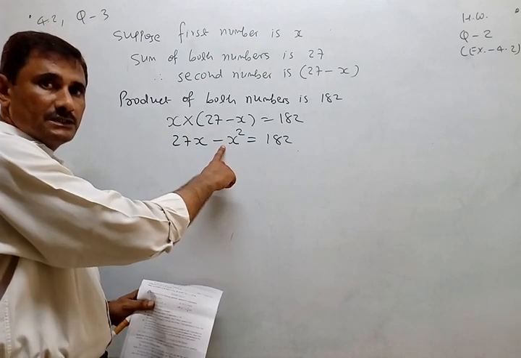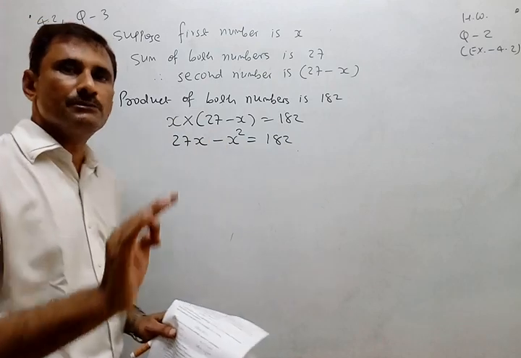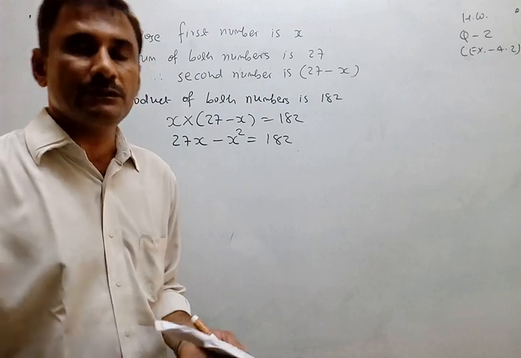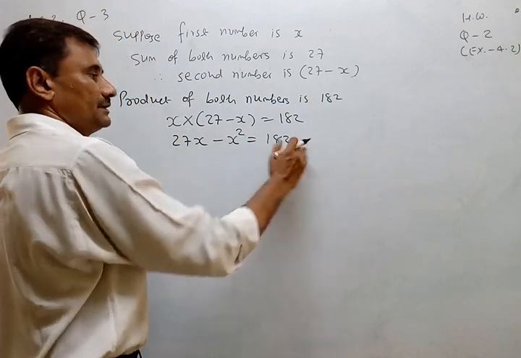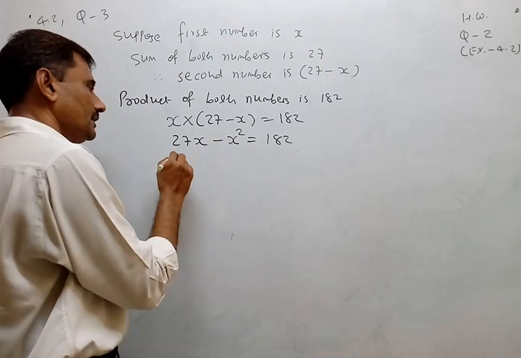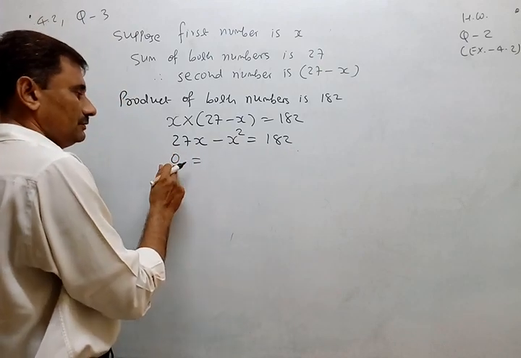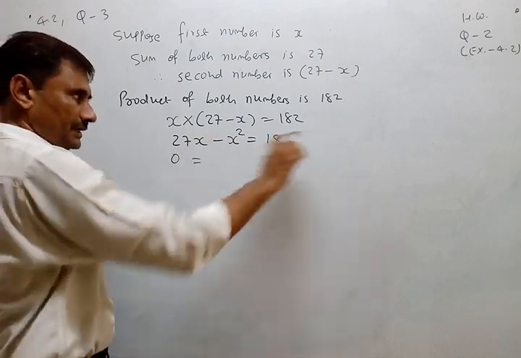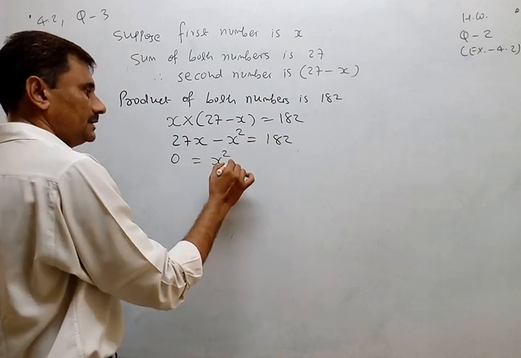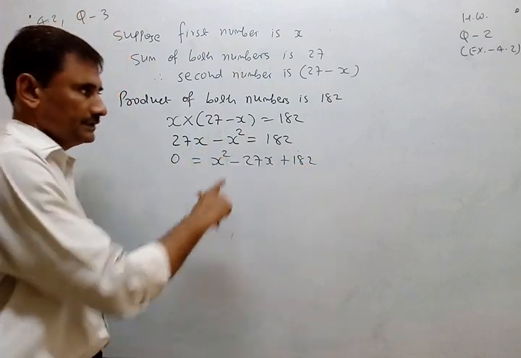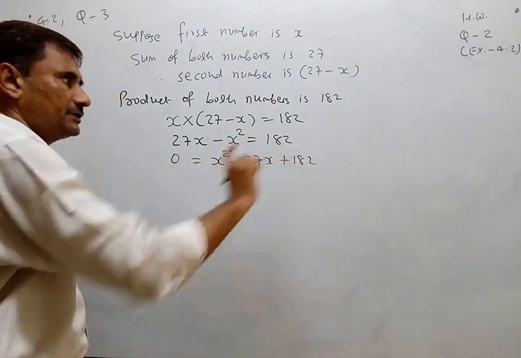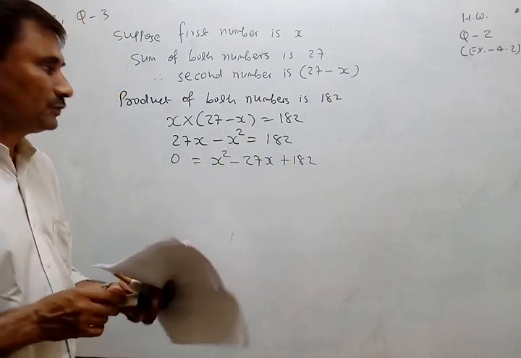Because we insist the first term must be positive. That's why I am shifting both these terms there, not this one term here. So write down first of all 0, because both are going there. So x square minus 27x plus 182. They both are shifted, 182 remains there only.